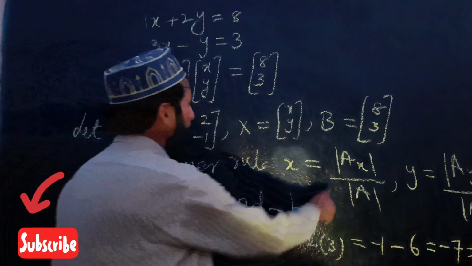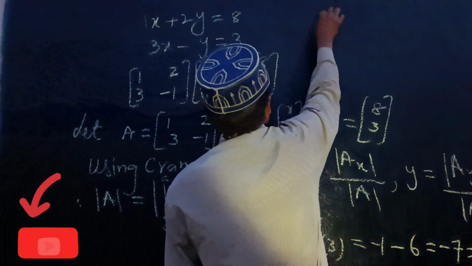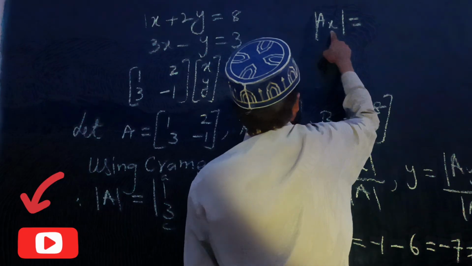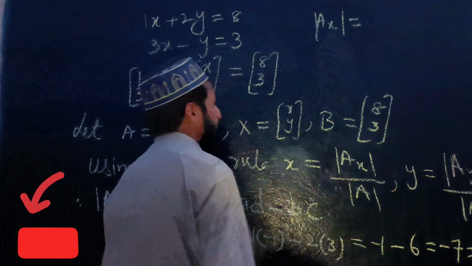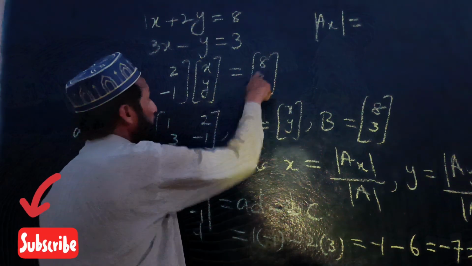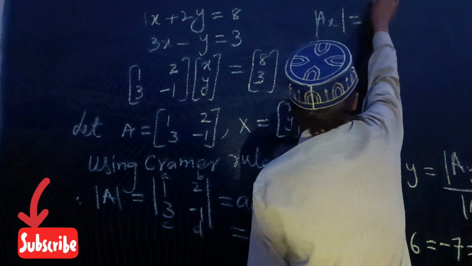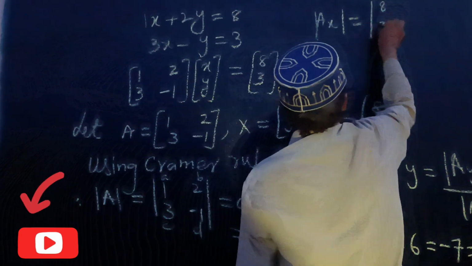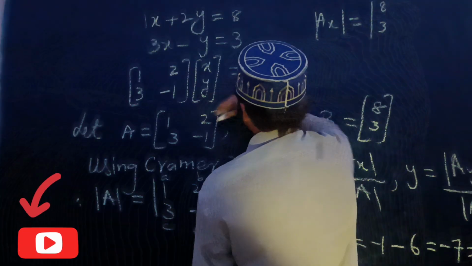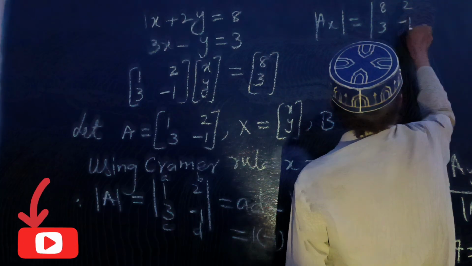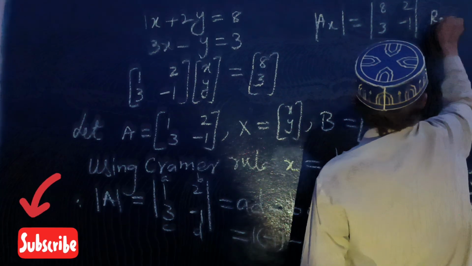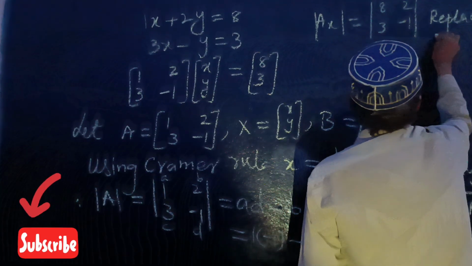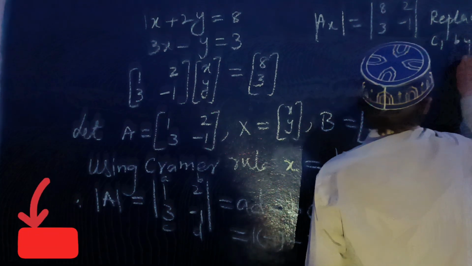Now we find Ax. What is Ax? It means that we replace the first column by the B values, 8 and 3, so we get 8, 3 and 2, minus 1. We replace column 1 by the B values.